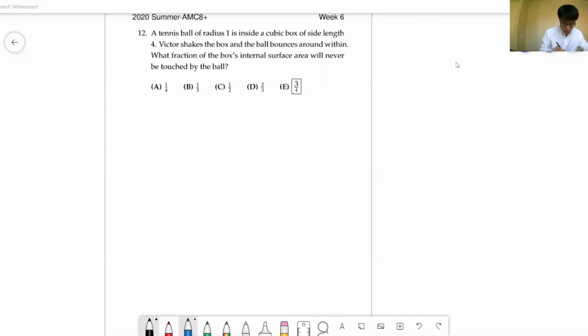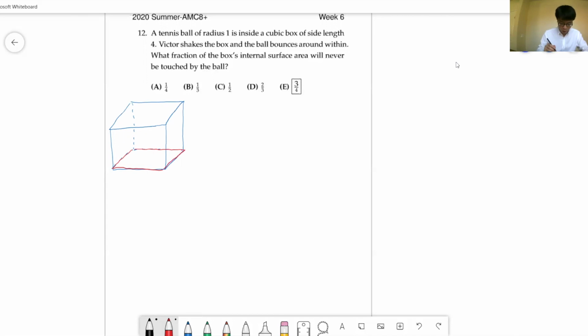Suppose we have this box, right? So let's consider front view. Okay, we consider the bottom surface. How much area of the bottom surface can be touched or cannot be touched.